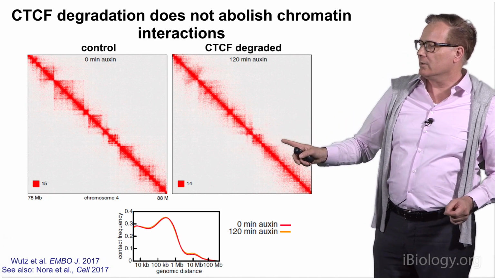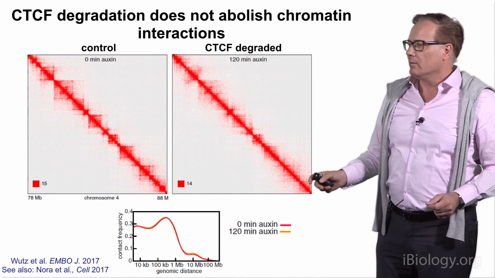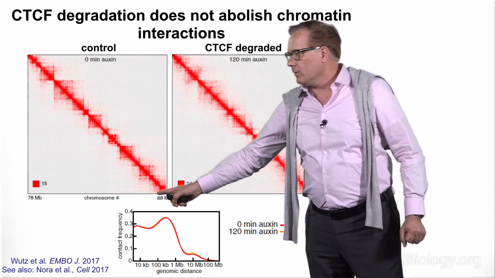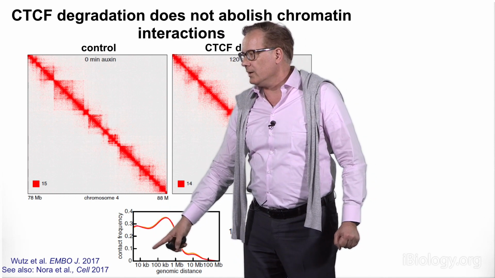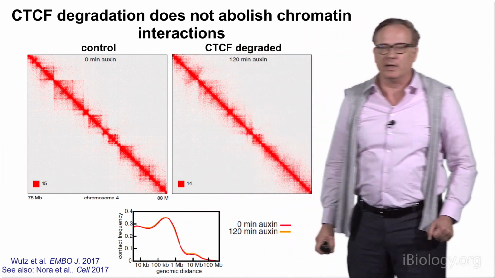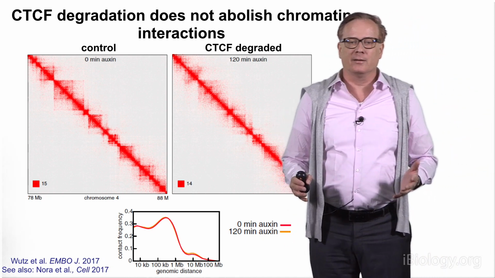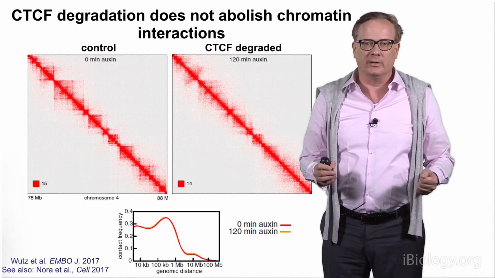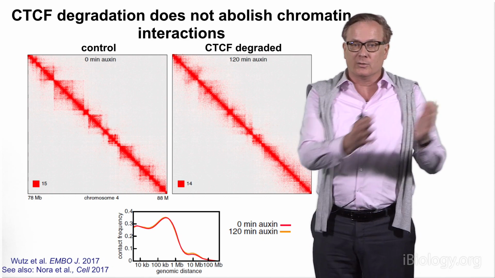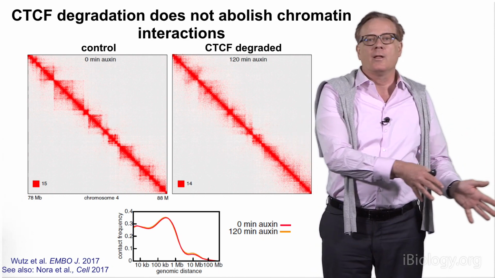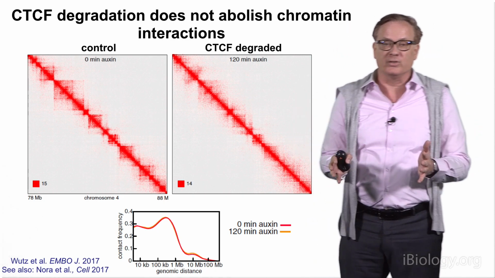You see there's still lots of interactions present, and one can analyze this also genome-wide by plotting all the interactions. This is shown in this graph down here on the y-axis as a function of the genomic distance on the x-axis. And this graph must look to you like just one line, but in reality it is two lines superimposed, one representing the distribution of interactions in the control cells that have CTCF, and the other representing the interactions in cells depleted for CTCF.